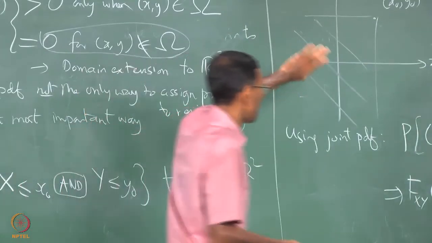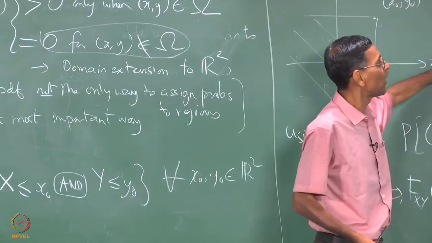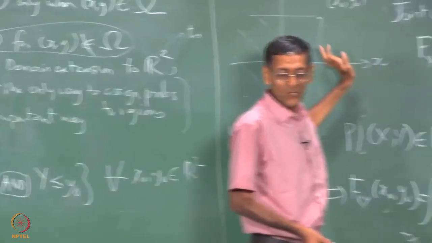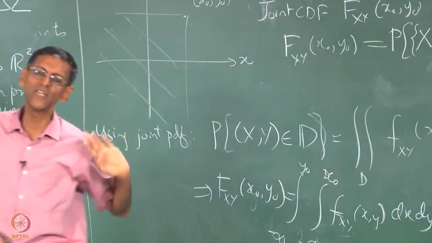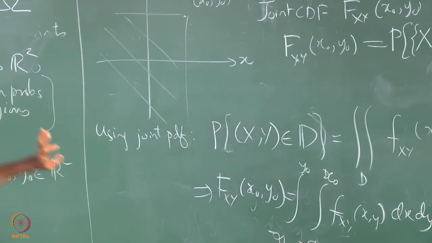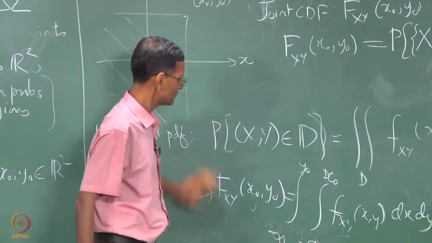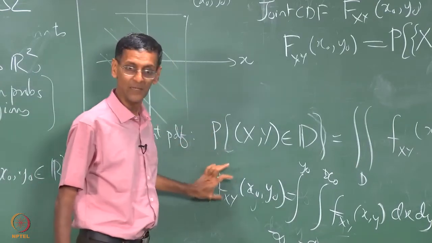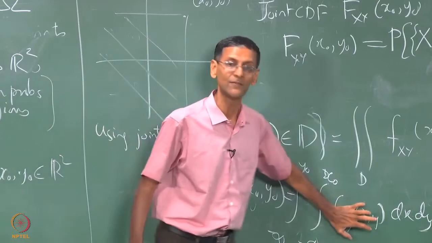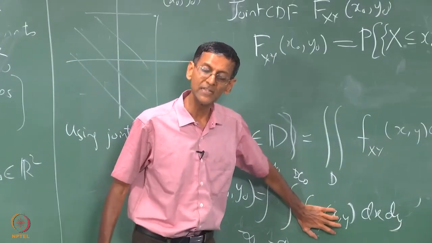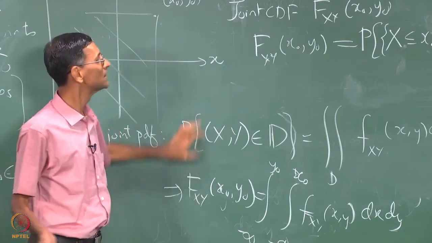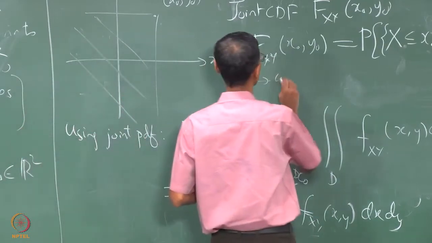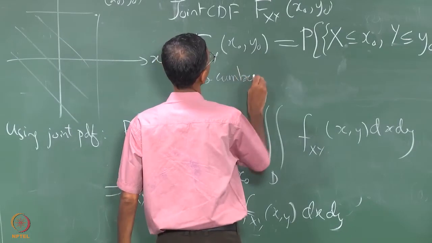Of course it is a probability, so it always has to be between 0 and 1, but mainly it has to be non-decreasing. In general you can allow it to jump in a way that this cannot jump. If you do it like this, it will be a smooth function of x0 y0 if the joint PDF is well behaved, and it is not going to have jumps, just like the 1D case. But in general, let me say this is cumbersome to specify directly.